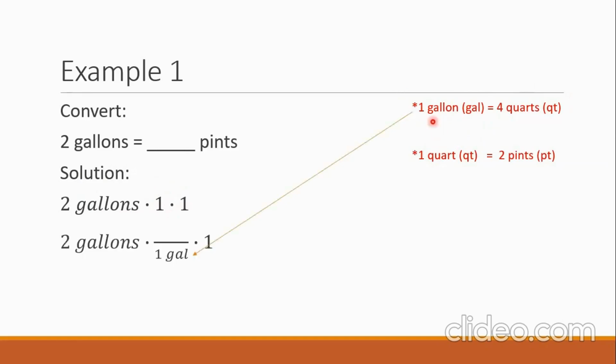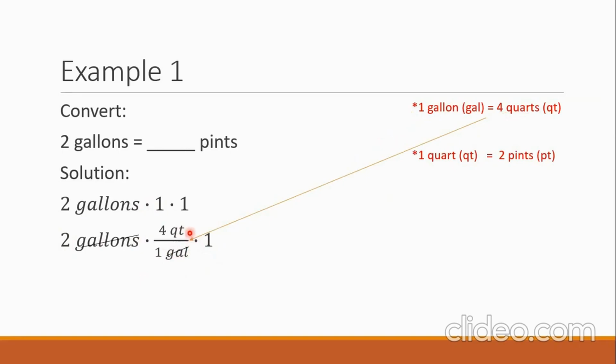So you see here, using the first formula, since I want to remove the gallon, I should put this gallon at the bottom and then put the 4 quarts on top. I intentionally do that so that I can cancel the gallons here and also the gallon unit. So in this initial stage, the gallons now are gone.